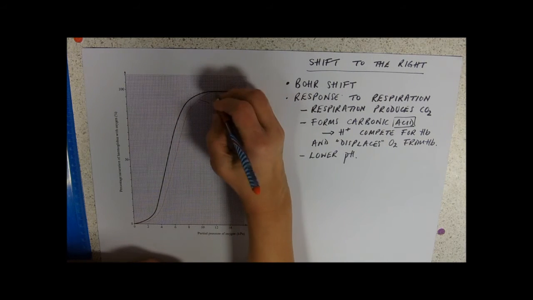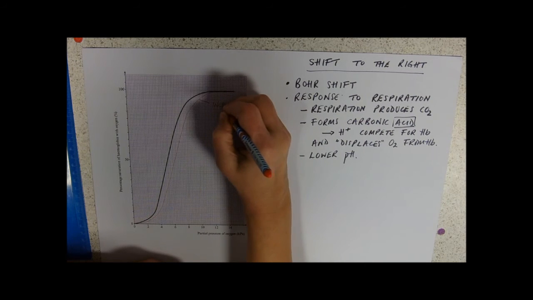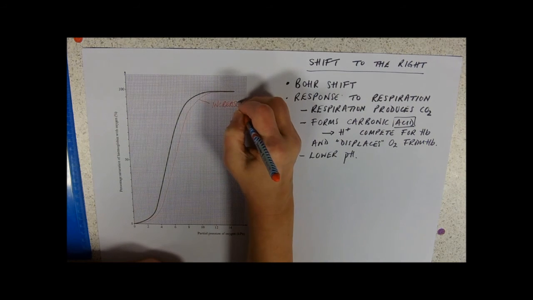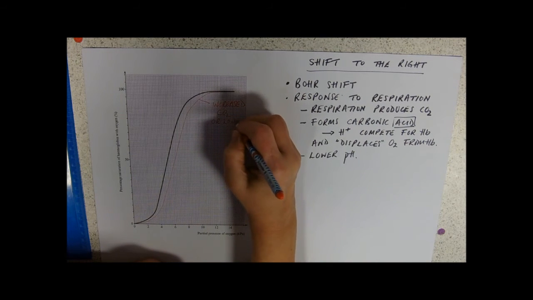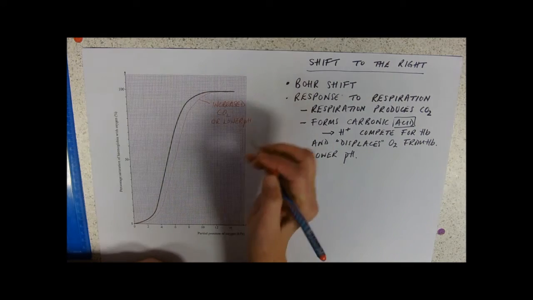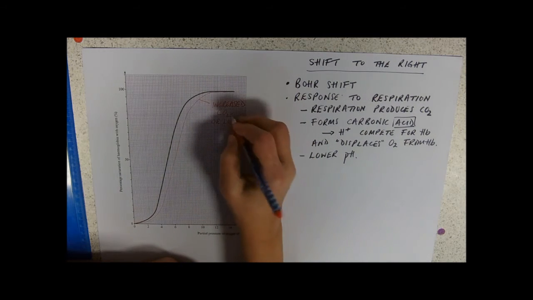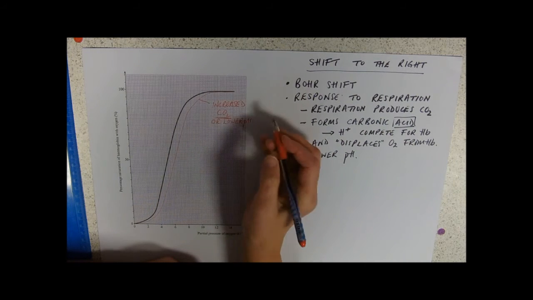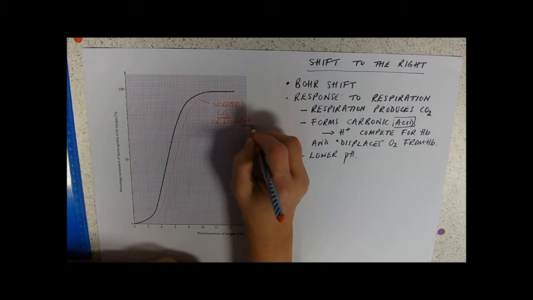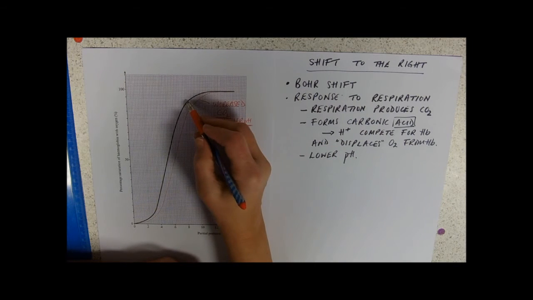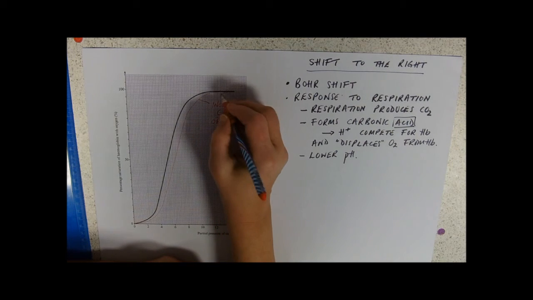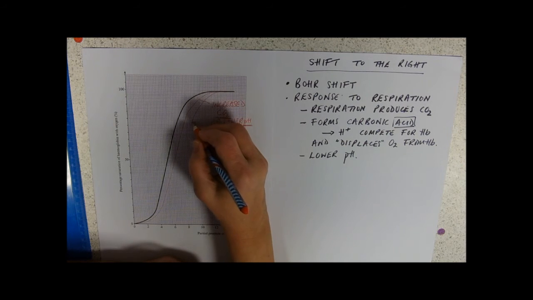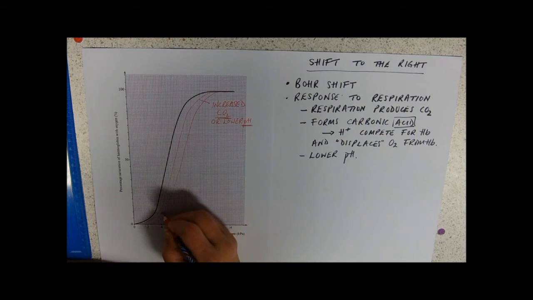So this is a response to increased CO2 or lower pH. So what you might find is that you have a curve, and then you have a curve that is labelled with perhaps a level of carbon dioxide or a lower pH. So this one might be labelled 6.5, and this one might be labelled pH 6. And if there's even more, the curve will shift over even further.